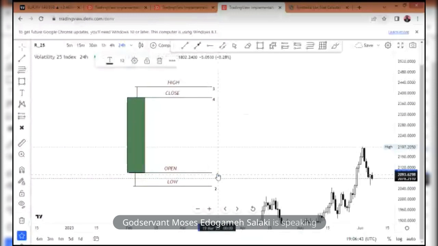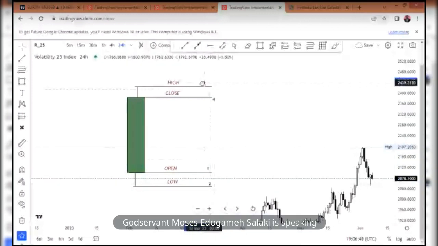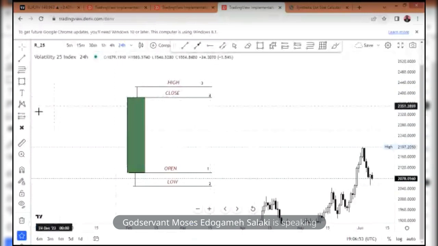So open, when you put it here, it will create the low, it will go and create the high, then it will close. This is for a bullish candle.